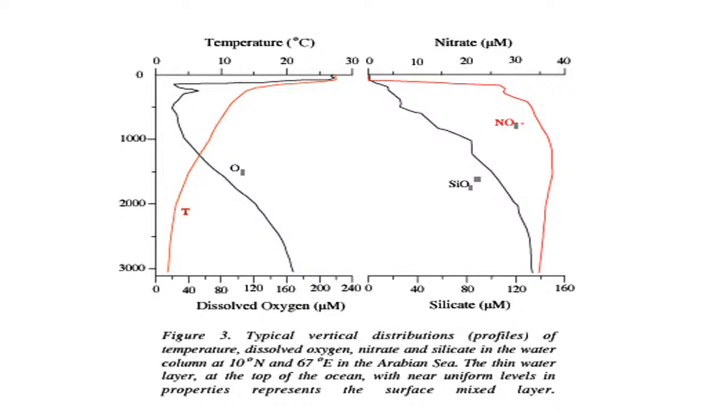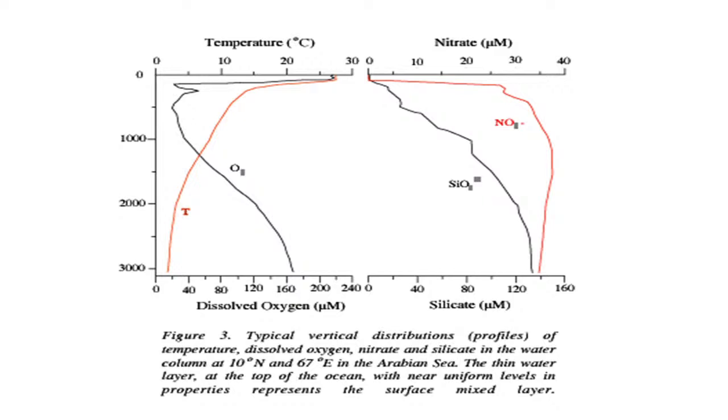Similarly for oxygen, which again I will cover in the later part, in the surface layer, since the phytoplankton are producing O2 as a byproduct of photosynthesis, the concentration is high. Also it is in equilibrium with the atmosphere, and there is a regular exchange, so the concentration of oxygen is high.